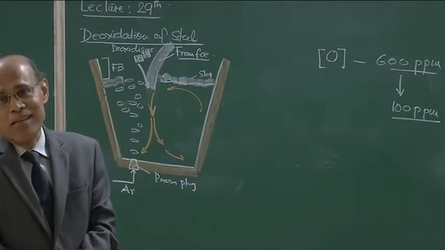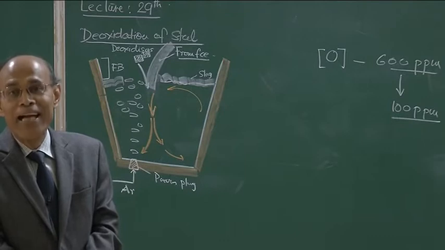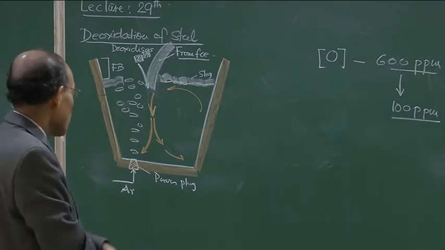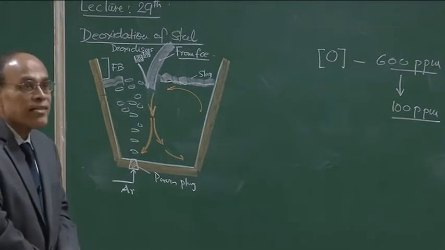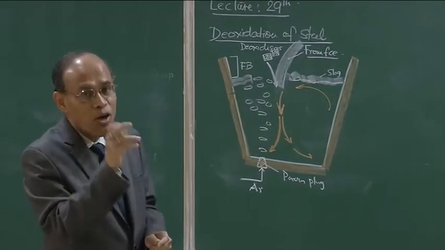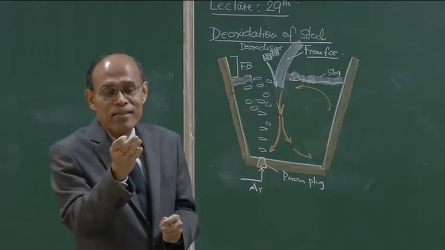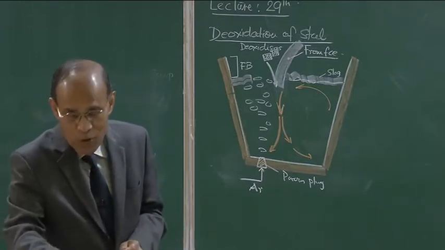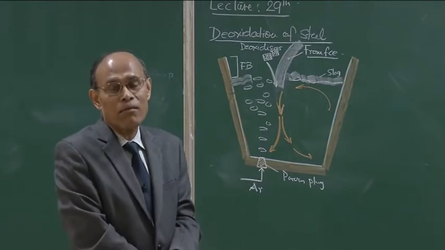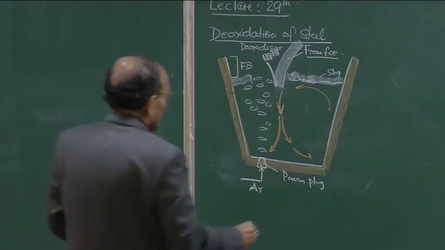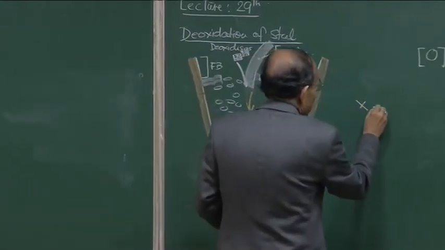Those are the elements we will be looking at in order to take away the dissolved oxygen. So we require deoxidizers which have a lower position in the Ellingham diagram, the metal oxide line.